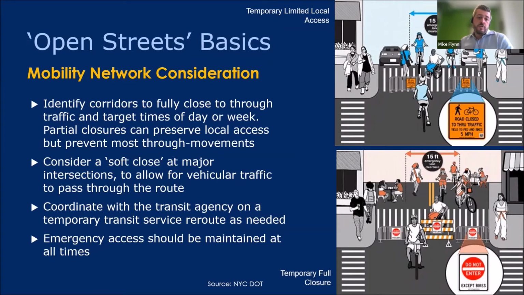Or you could do a full closure. Obviously, if it's going to affect transit routes, you need to coordinate with your transit agency, such as CDTA, on temporary rerouting. But you always, at all times, need to make sure that you're preserving emergency access.